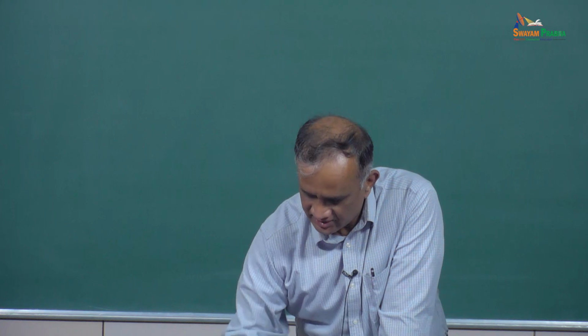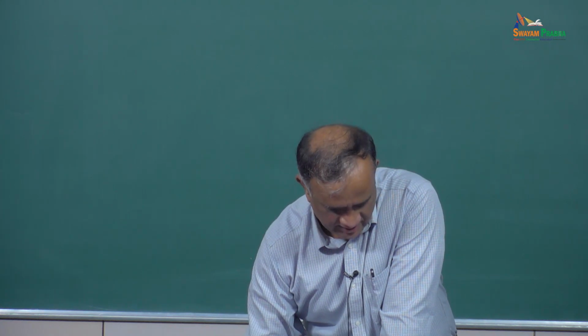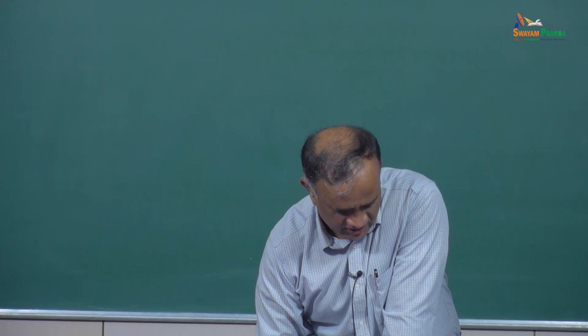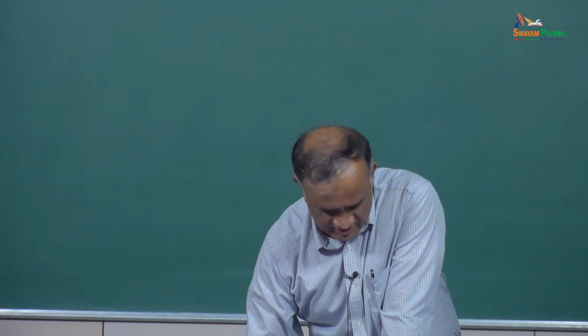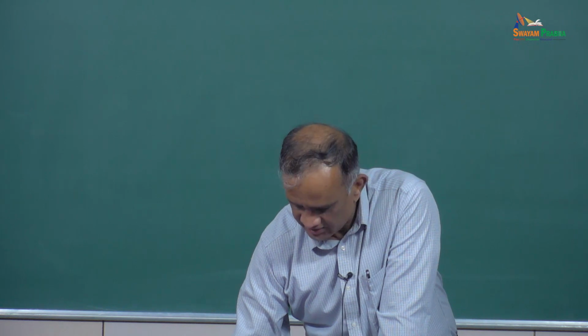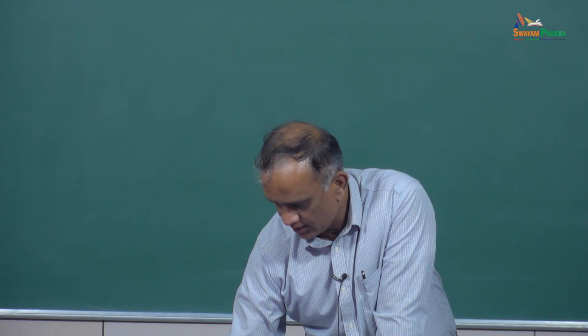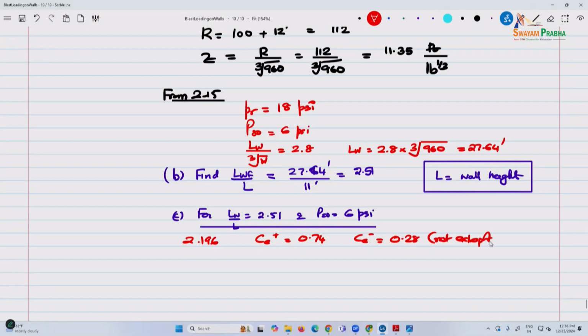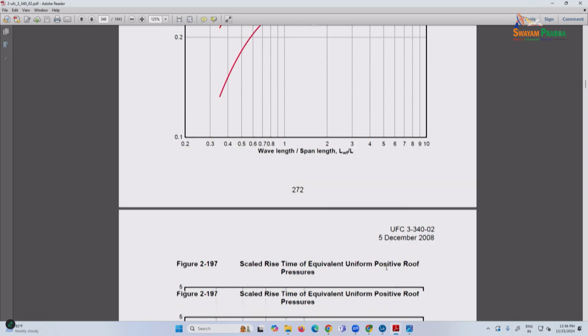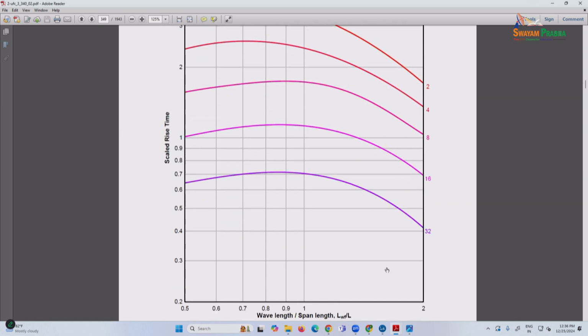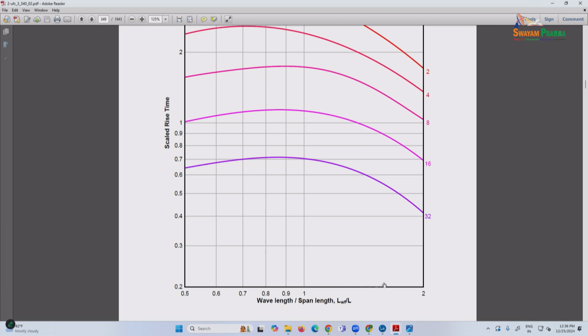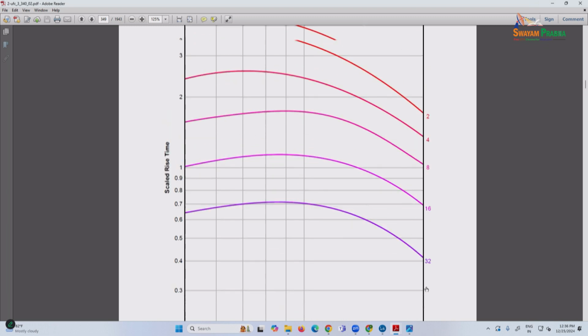So, let's say in this case, from 2-96, CE plus is 0.74, CE minus is 0.28, again not extrapolated. And from 2-97, TD by cube root of W, this is 2.5, so it's way beyond.